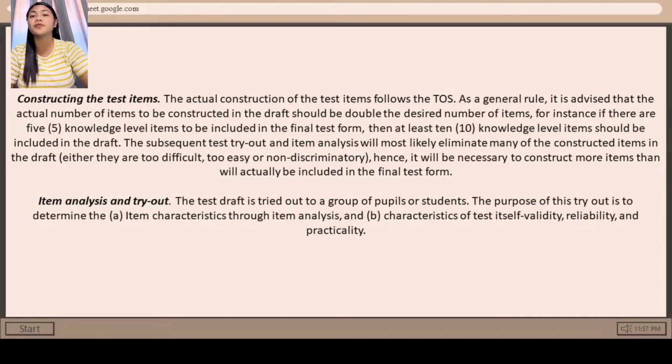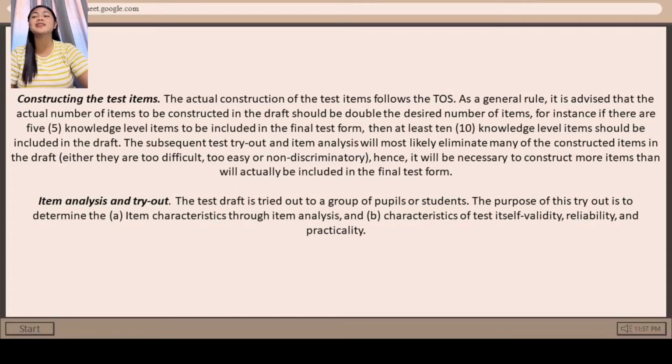For instance, if there are 5 knowledge level items to be included in a final test form, then at least 10 knowledge level items should be included in a draft, since subsequent tryout and item analysis will most likely eliminate many of the constructed items in the draft, whether they are too difficult, too easy, or too discriminatory. Hence, it is necessary to construct more items than will actually be included in a final test form.